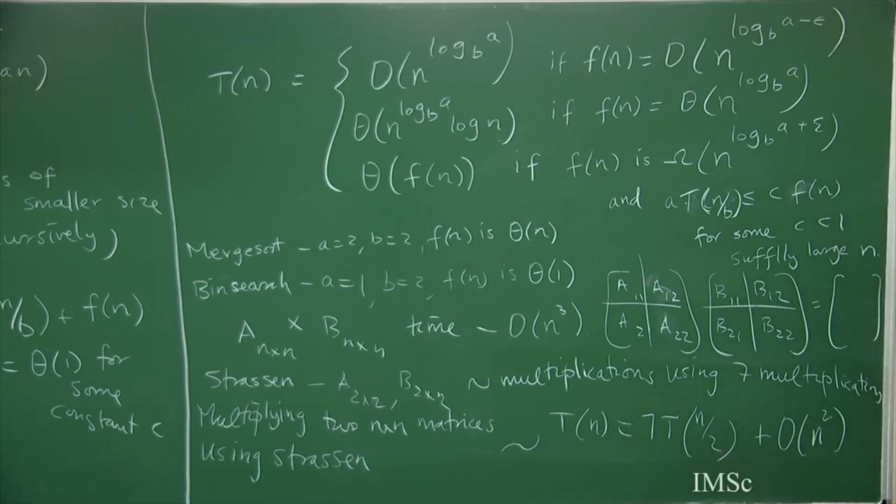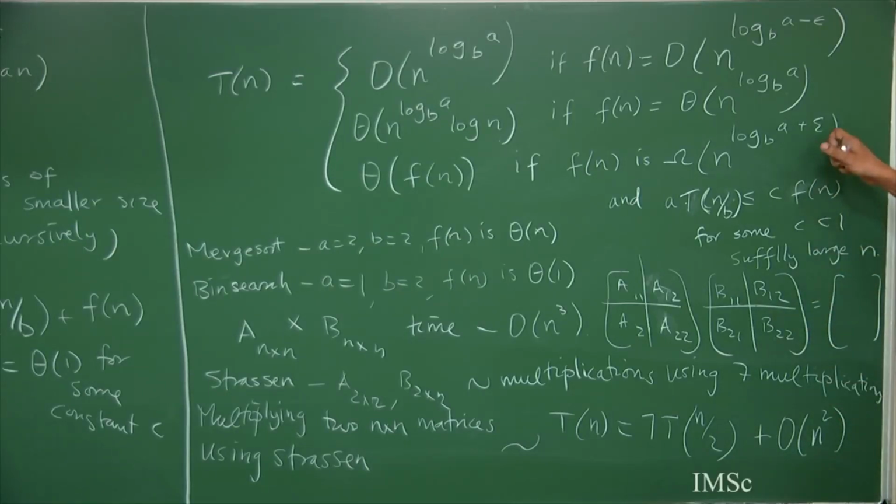Okay. Now, what is the solution to this recurrence? Plug it in here and see what happens. n power log a to the base b is n power log 7, which is log 7 to the base 2, more than 2 but less than 3.